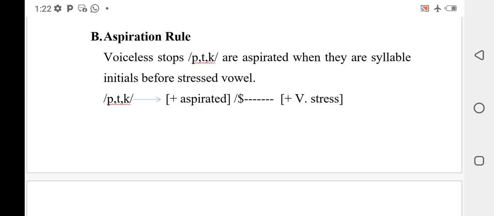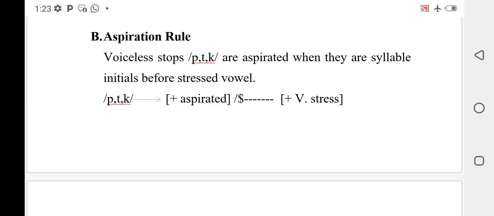So A in potato is the stressed vowel. So because of that, if I have "tay", I will aspirate T because, one, it is at the syllable initial position and it is followed by a stressed vowel.